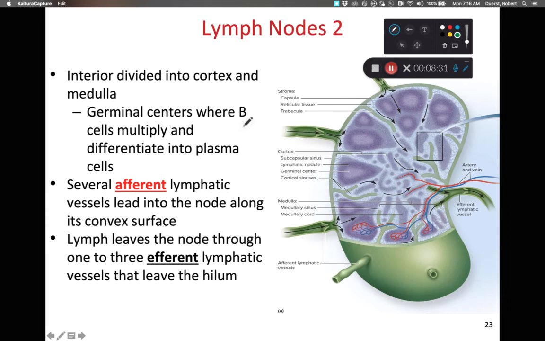Now, as we look at the B cells, the cortex and medulla on the inside of our lymph nodes aren't as well defined as I would have preferred. So the cortex of our lymph nodes is that outer portion, and then the medulla of our lymph node is the inner portion.